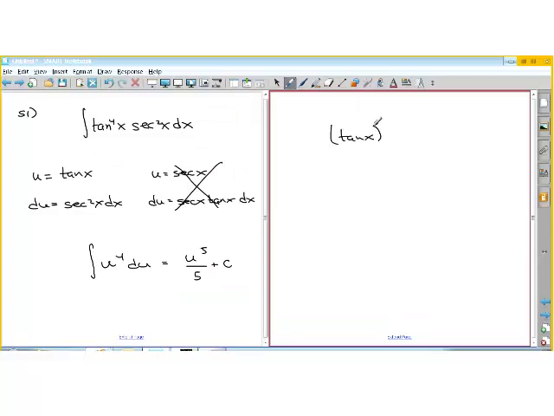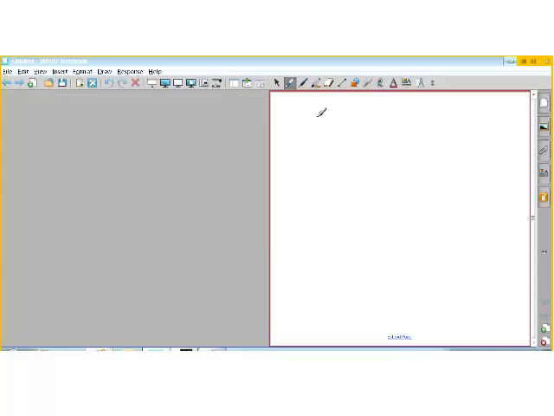So you get tangent of x to the fifth divided by 5 plus your arbitrary constant. And you could rewrite that in this shorter version. So that was problem number 51. Okay, let's do 52.